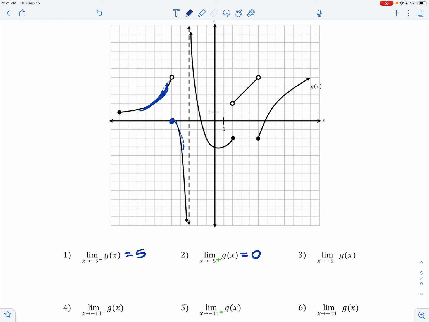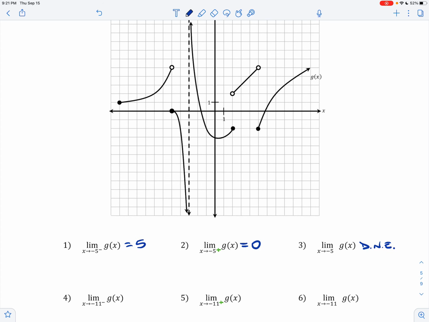So then what is the actual limit as x approaches -5? We can pretty much see it graphically, but also in our answers, one of those is 5, the other side is 0. The two sides are not meeting at the same place. This limit does not exist.